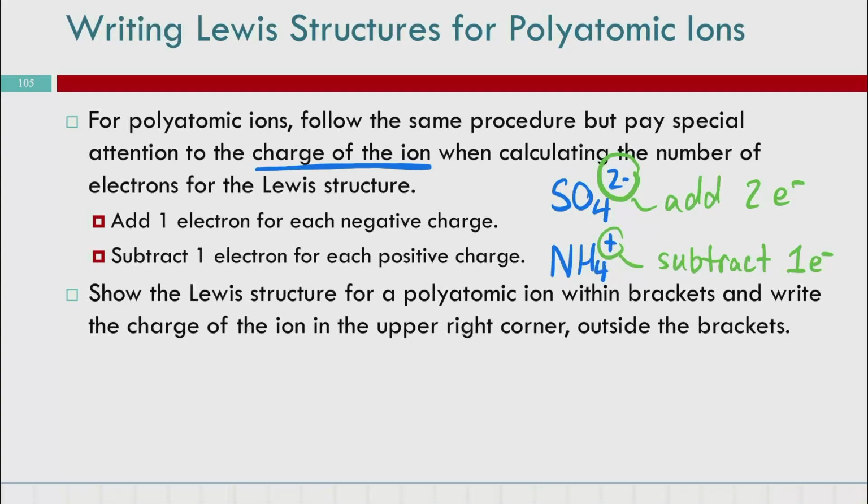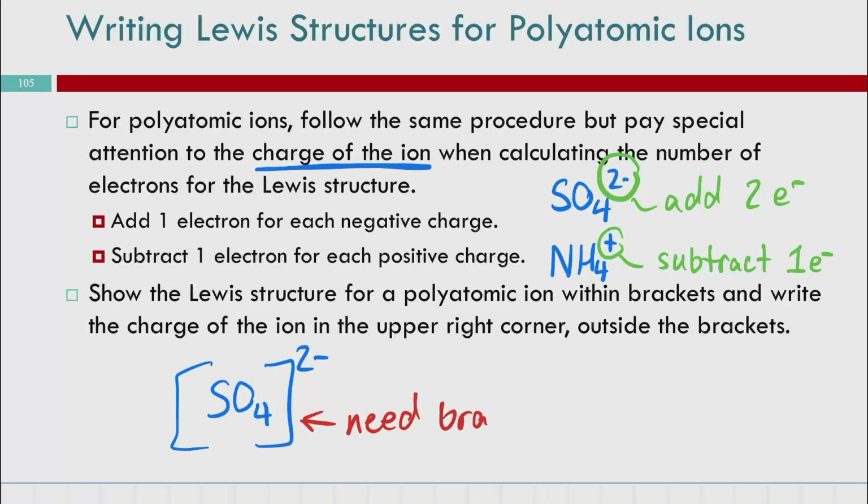And then when we end up making these Lewis structures, let's pretend like I drew the Lewis structure in there. We also have to do brackets and charge. So we have to show our charge and our brackets.